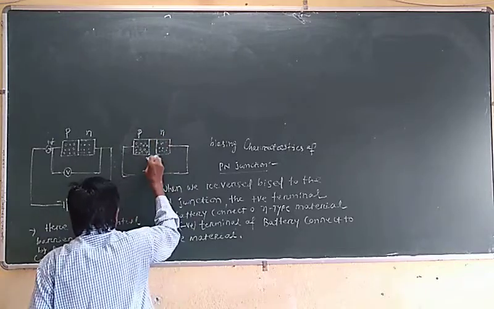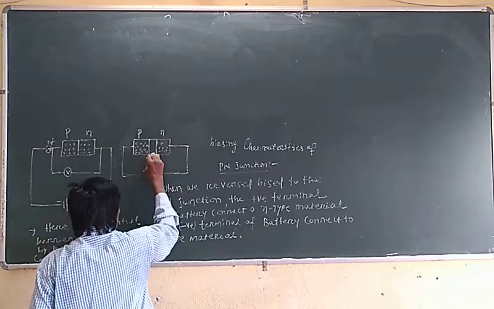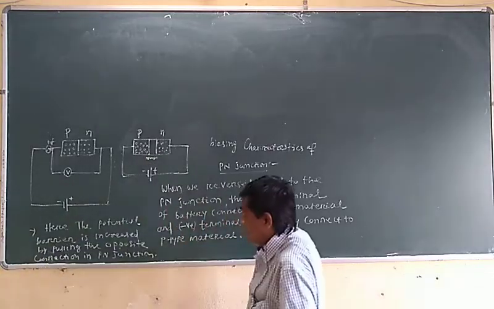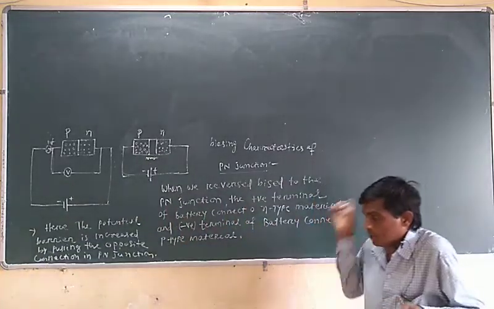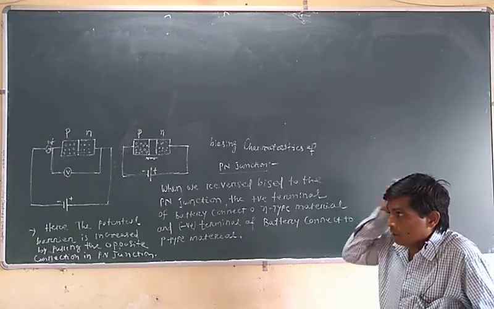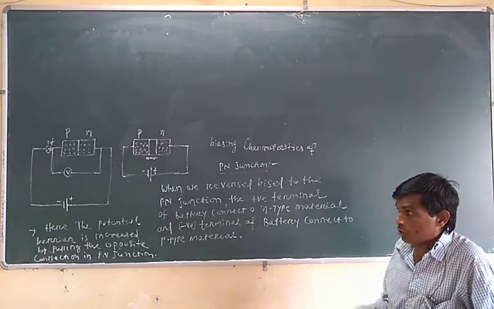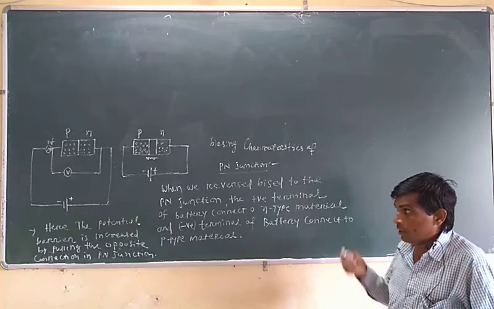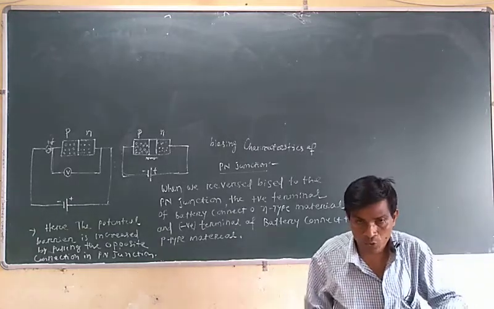So by this action, the potential barrier will be widened, or increased. By the potential barrier increase, the junction resistance will be increased, but in practice there is no current flow through the circuit.